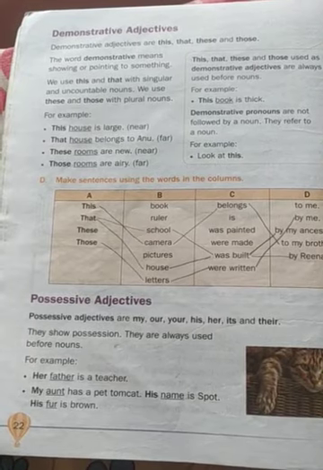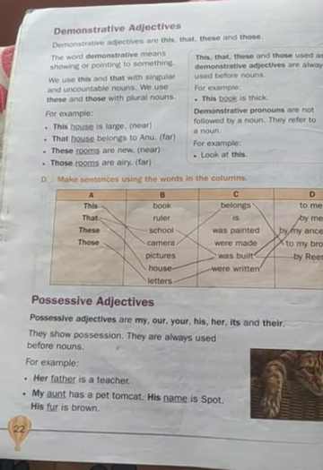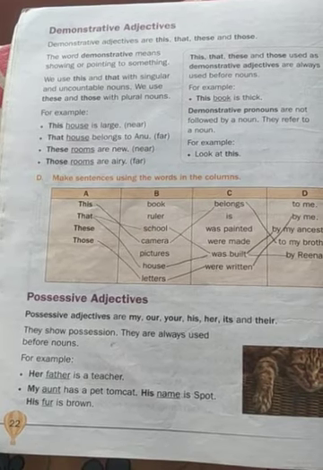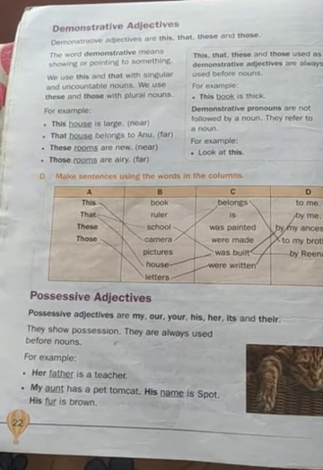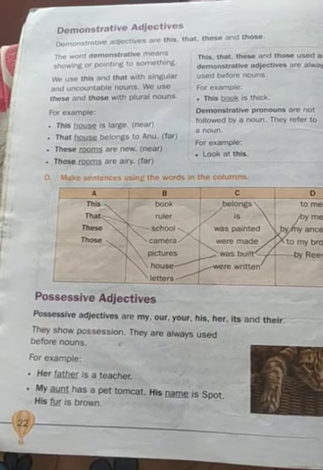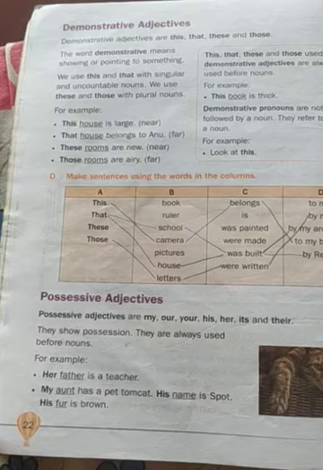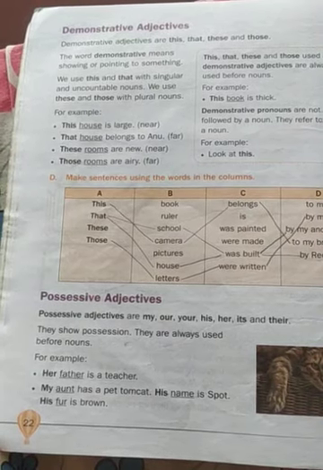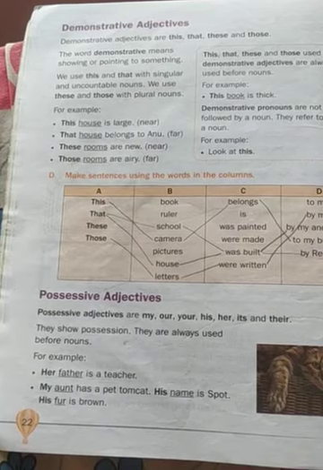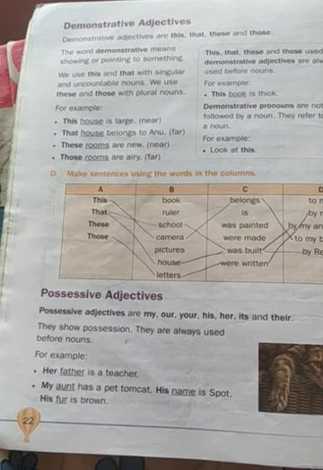So for this we use this, that, these, those. For pointing to something, we use these words. They are called demonstrative adjectives. We use this and that with singular and uncountable nouns, and we use these and those with plural nouns.